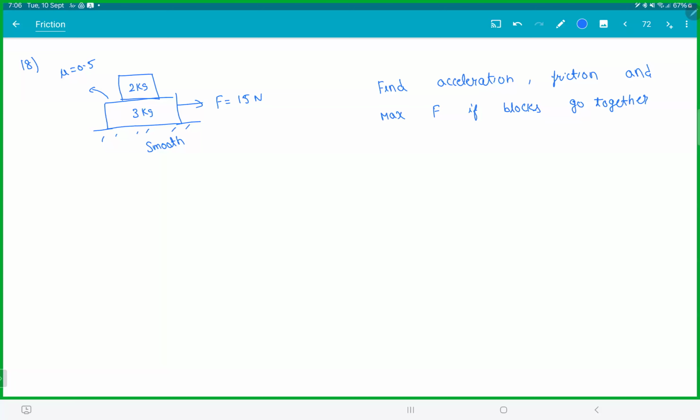Anyone not clear with the diagram of the question, please ask. Acceleration is 2 and 3.